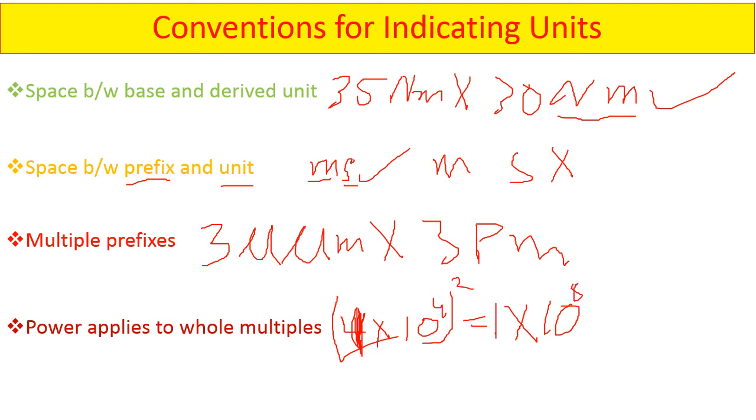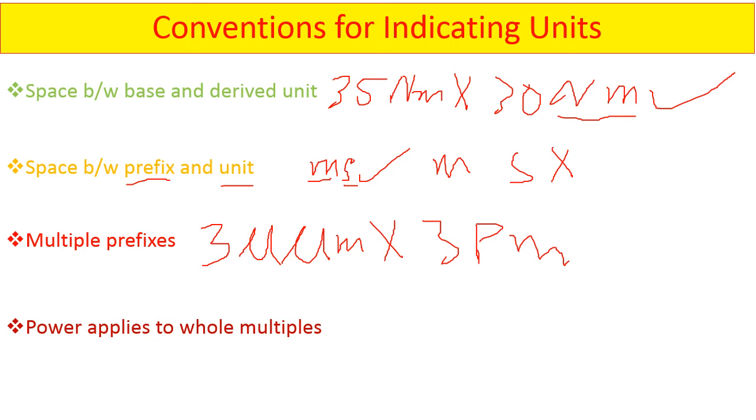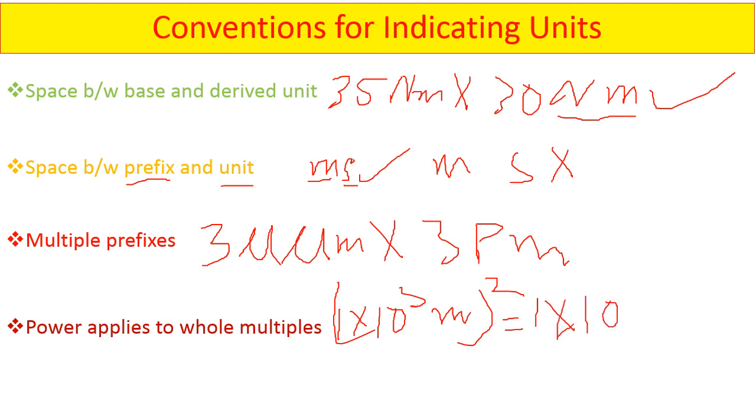And if we write 1 into 10 raised to the power 3 meter whole squared, then we write it as 1 into 10 raised to the power 6 meter squared.